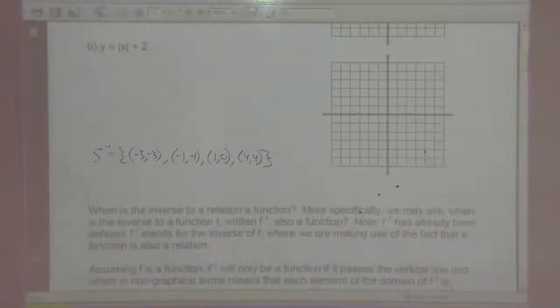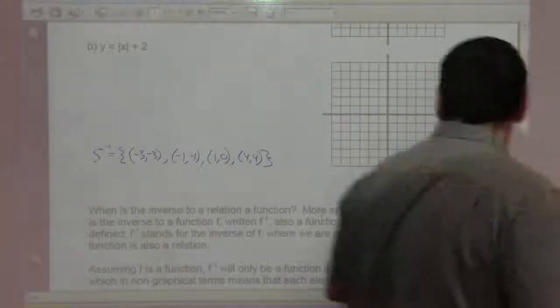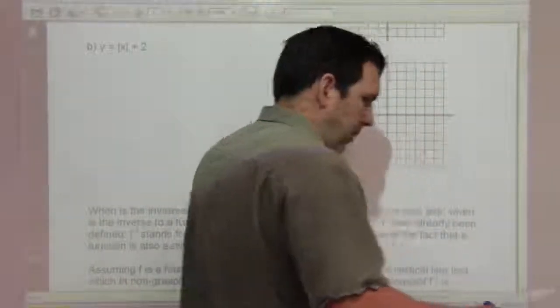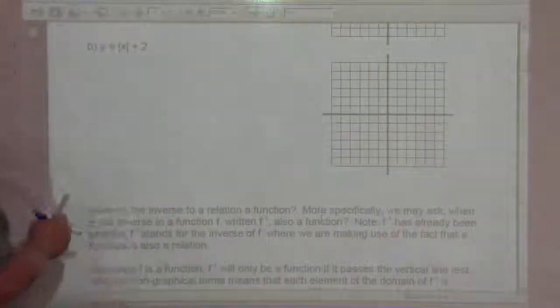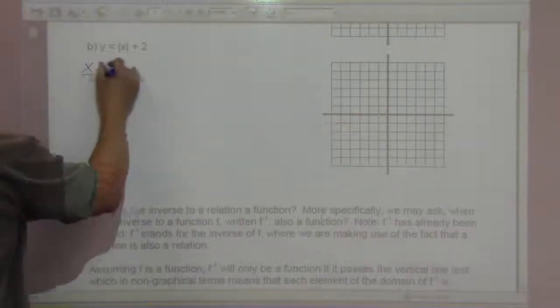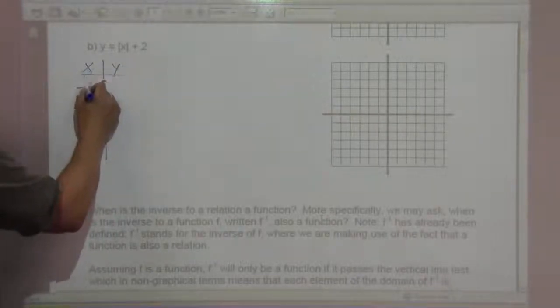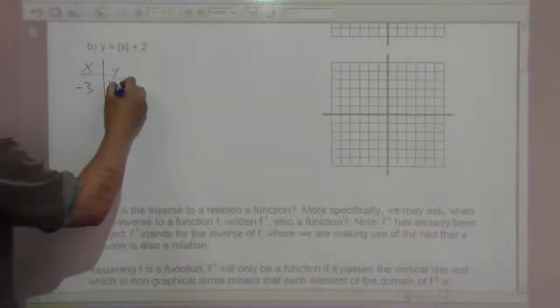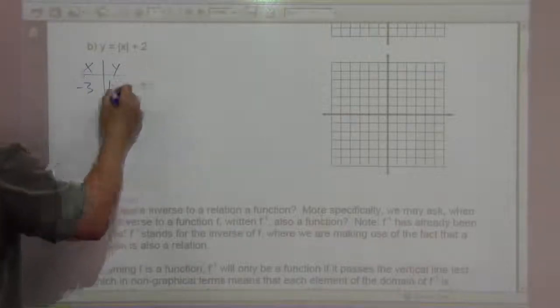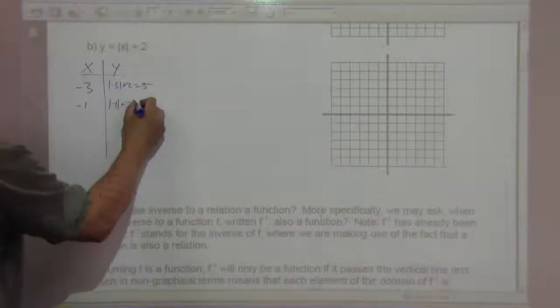Now we have a graph y equals the absolute value of x plus 2. Might be helpful to graph this one. Let's graph the original x and y. So if x is -3, y would be the absolute value of -3 plus 2, which is 5. We have -1. Absolute value of -1 plus 2 is 3.